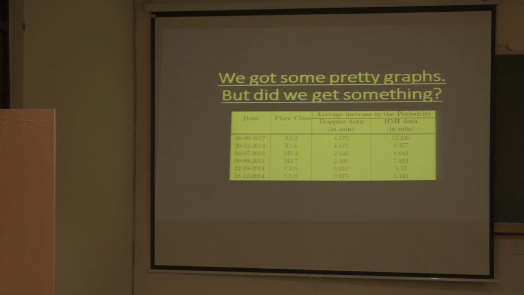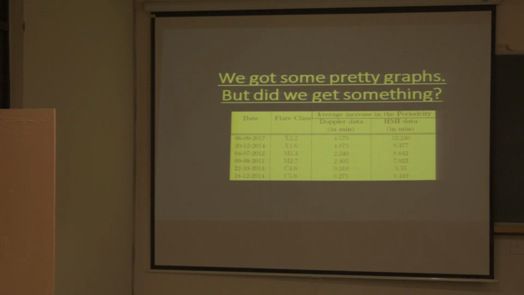These are 6 different flares we analyzed, and after analyzing, we can see there is a periodicity. What is periodicity? It's 1 by f. We analyzed the frequency, as I have told you, using the Fourier transform, and the frequency which we got, we converted to 1 by f. That is the periodicity or time period. So this is Doppler data and this is HMI data, in minutes.